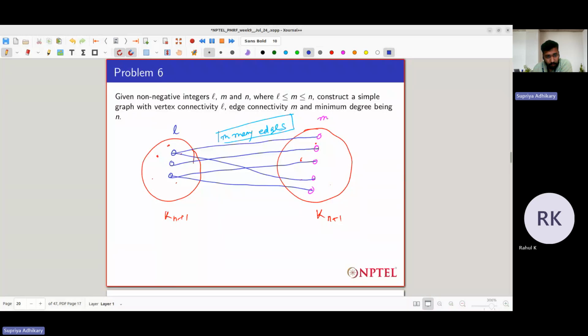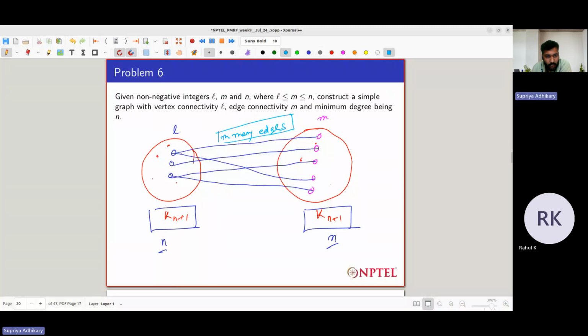Now, since this is K_{n+1}, for each of these components, the K_{n+1} component and the K_n component, the vertex connectivities are n and m respectively. So if we delete n many vertices in that particular component, then this graph will still be connected.